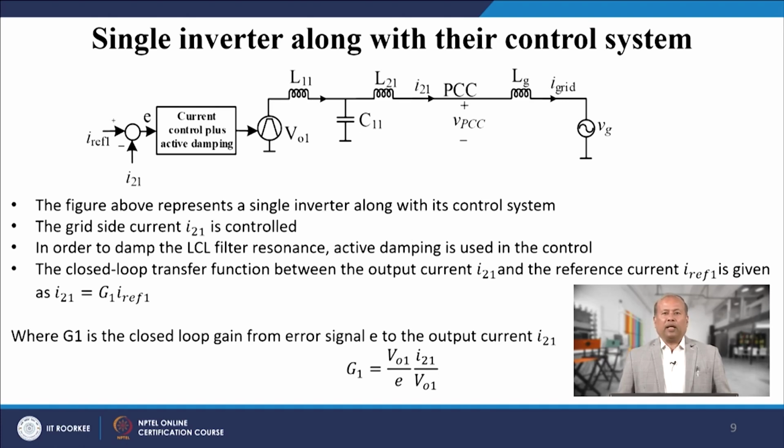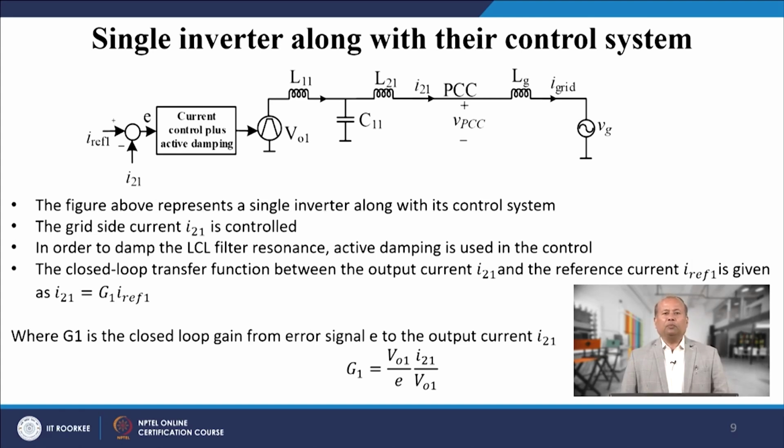The closed loop transfer function between the output current and the reference current is given by I21 equal to G1 times I reference 1. Here G1 is the closed loop gain between the error signal and the inverter output current, and its expression is given below, where G1 is given by VO1 upon E times I21 upon VO1.